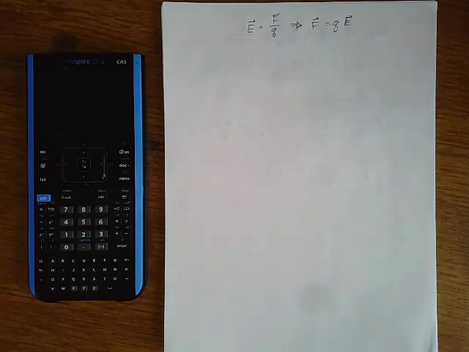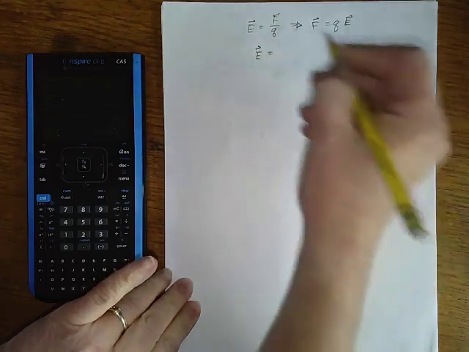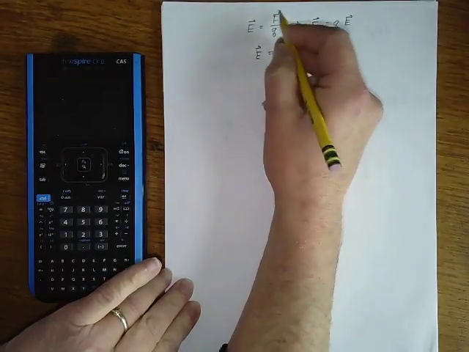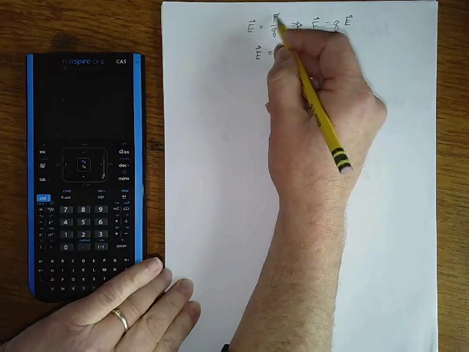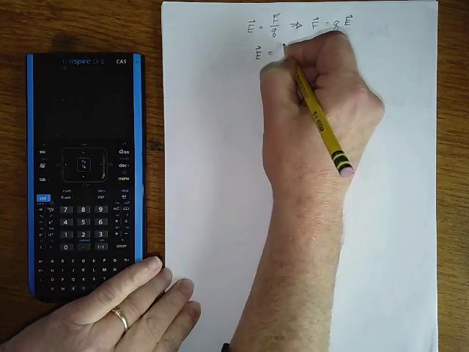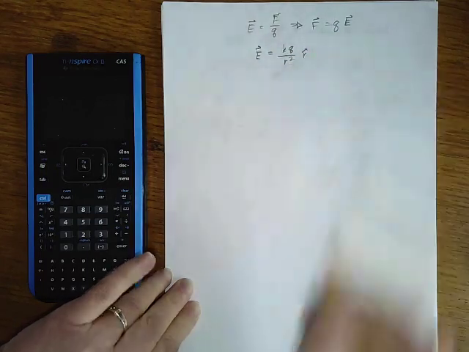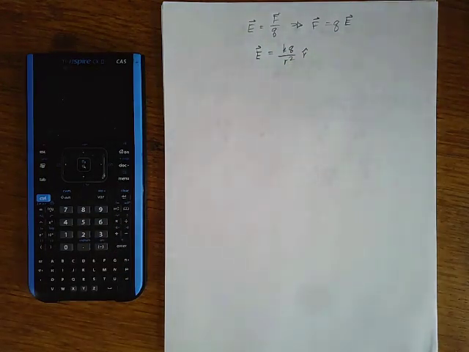I think I put up the equation that the electric field, just looking at the force equation, is KQ over R squared, but now we're dividing by Q, and then we have the R hat, the direction vector, which we usually get by drawing a picture and figuring it out, and the force and the field go in the same direction.